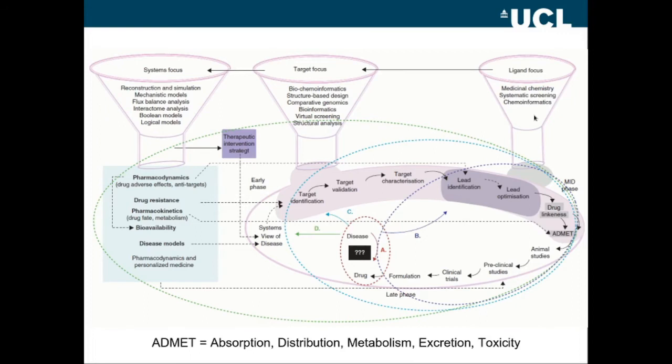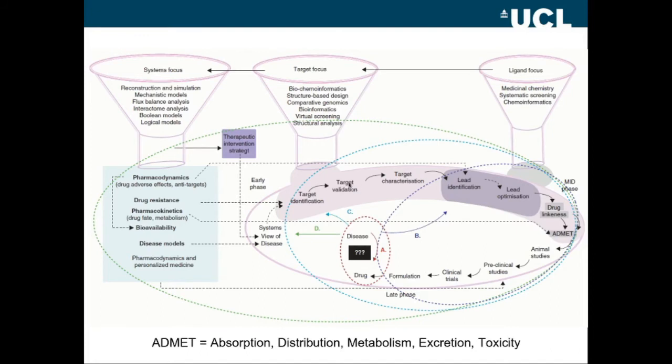Now, the somewhat newer approach that I have been talking about is this approach C, where we have our disease of interest. We identify a target based on analysis of the actual disease mechanisms. We validate then whether that target actually has some sort of effect.